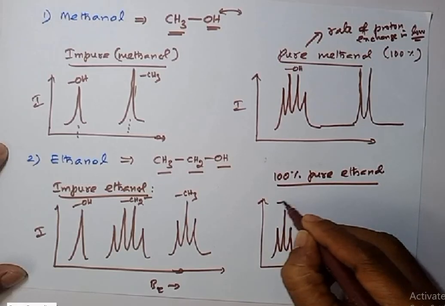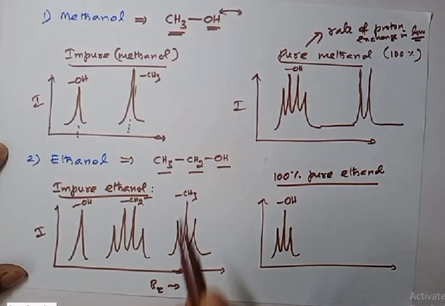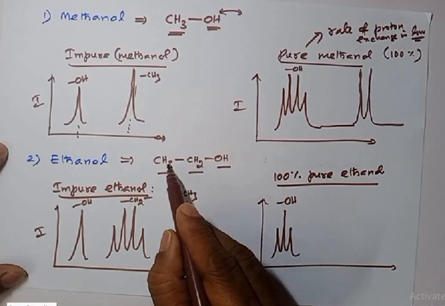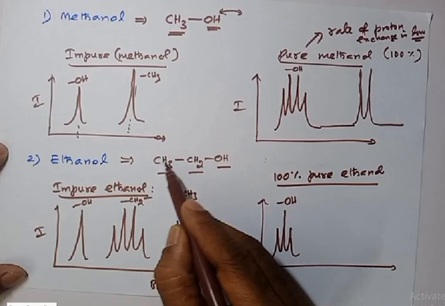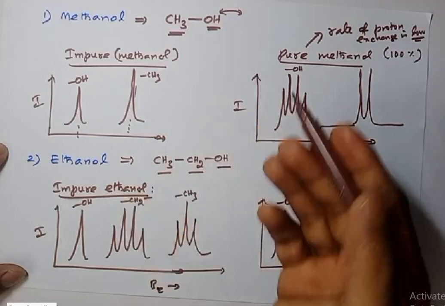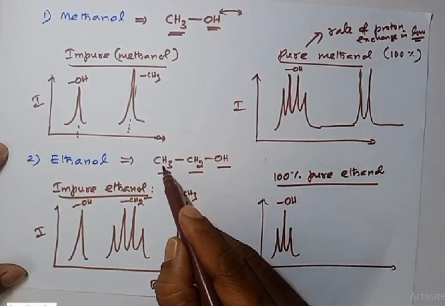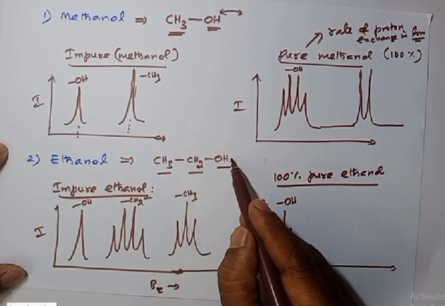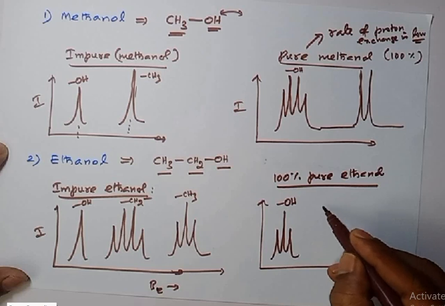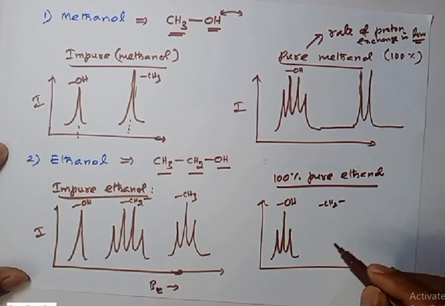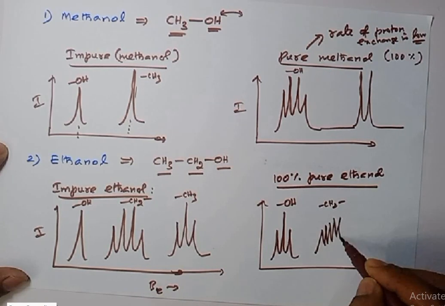Now the CH2 signal is split by methyl and OH. But the chemical shifts of these are different, so we should use a different formula: 3 plus 1, 4; 1 plus 1, 2; 4 into 2, 8. So the CH2 signal appears as a multiplet. Let me draw it like this.